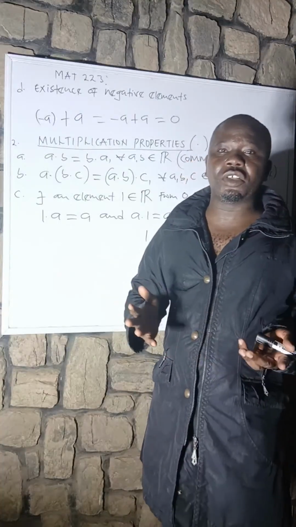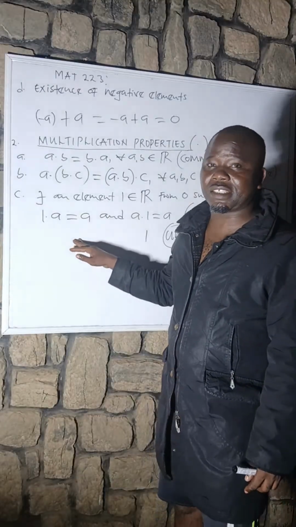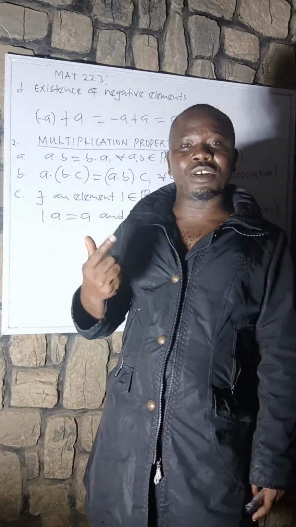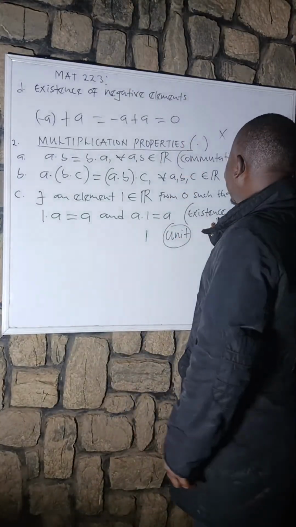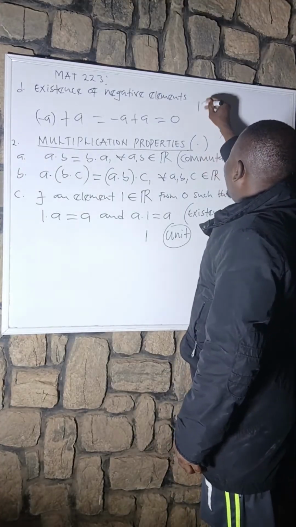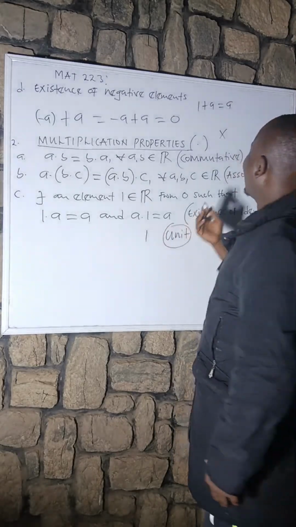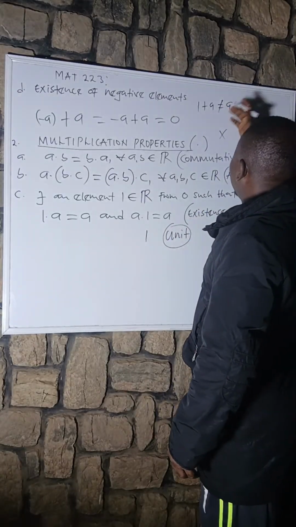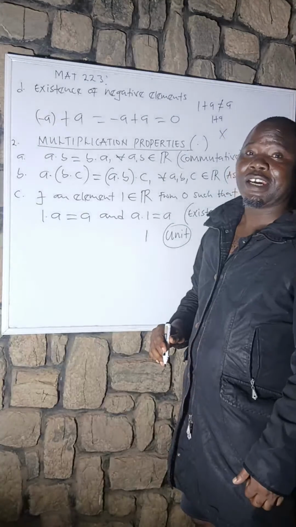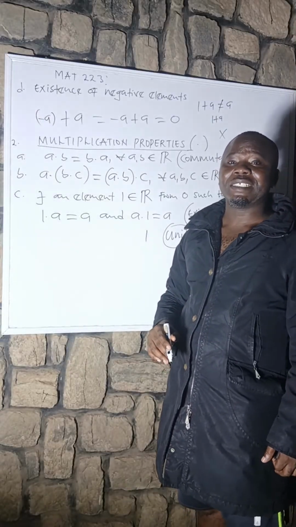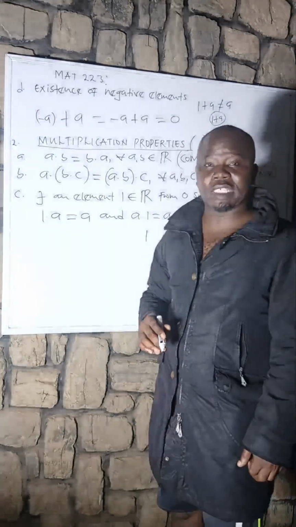But in addition, we could not find an existence of that identity, only 0, true or false? Because in addition, if we are to exhibit existence of identity, it means 1 plus A cannot give you A, and this is not equal to A. But rather, it's going to give you 1 plus A, isn't it? And this can never satisfy the argument.